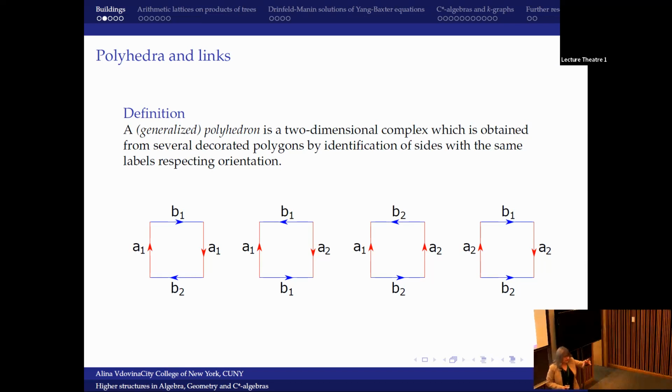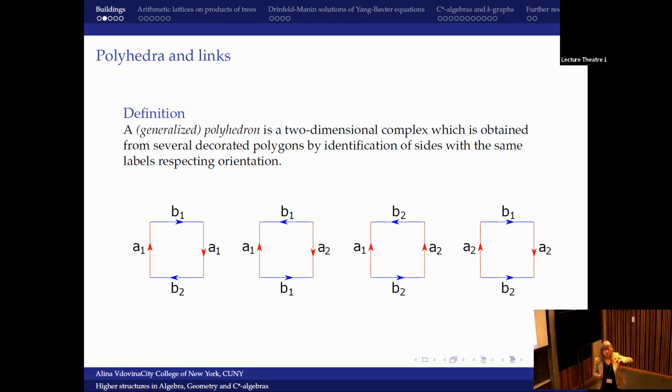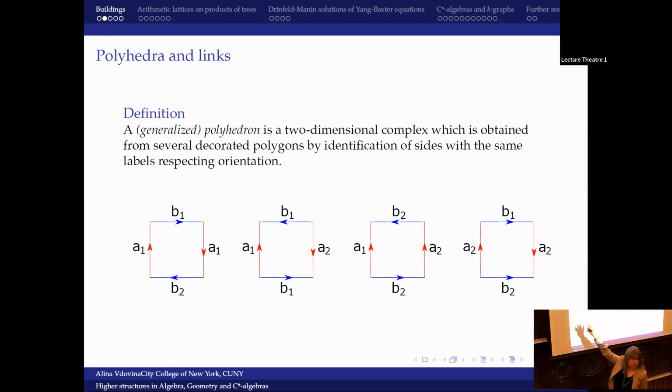So in geometry, when we talk about fundamental groups of complexes glued from polygons, when we talk about a geometric square, we talk about all its cyclic permutations and actually flips as well.